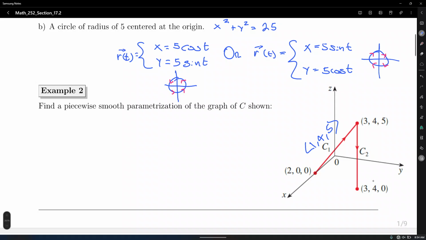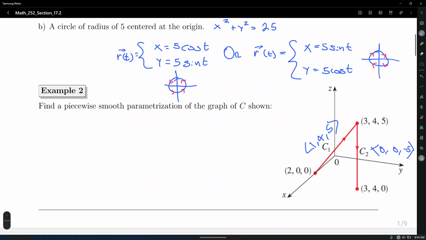And then the direction vector between these two points: 3 minus 3 is 0, 4 minus 4 is 0, 0 minus 5 is negative 5. So 0, 0, negative 5.